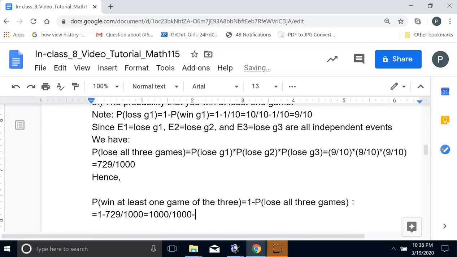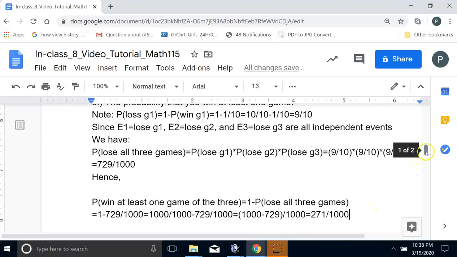Then we're still subtracting 729 over 1,000. That'll be then equal to 1,000 minus 729 all divided by 1,000. And that's going to become 271 over 1,000. Okay, so that's the probability that we win at least one game.